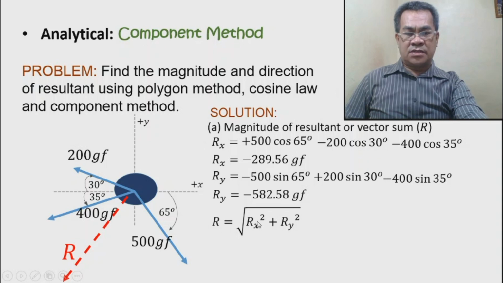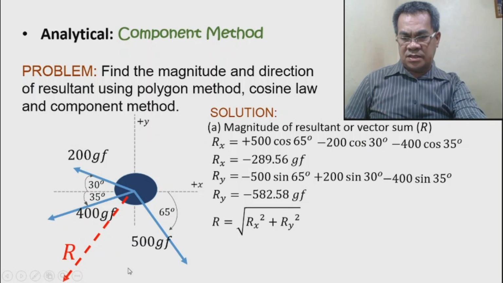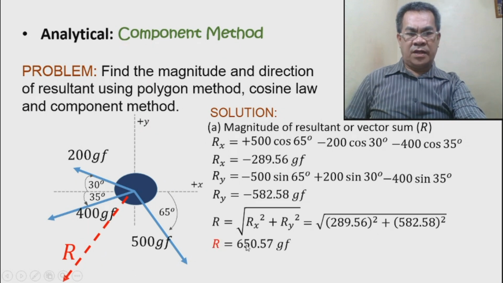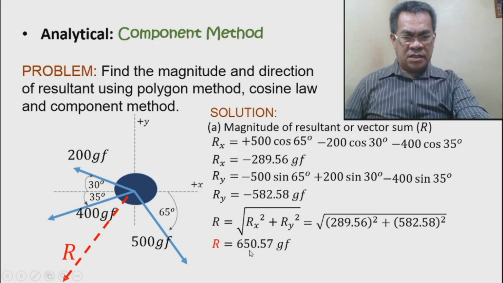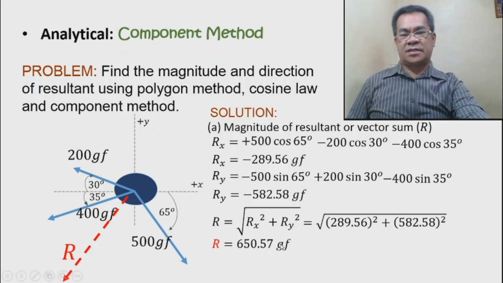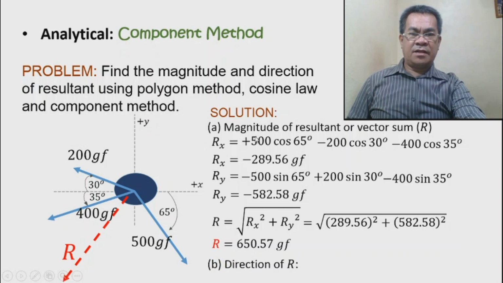More or less, the direction is this, because your Rx is negative and your Ry is negative. Substituting the values, we calculated the result as 650.58 gram force. This is the magnitude. And for the direction, the angle is this one.